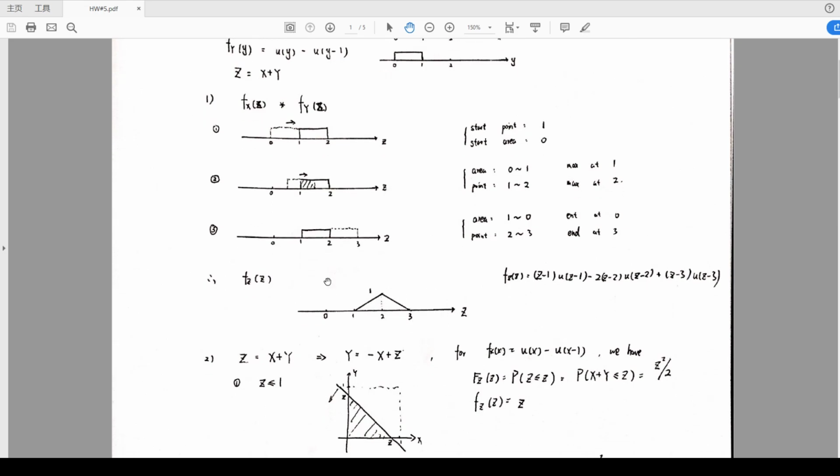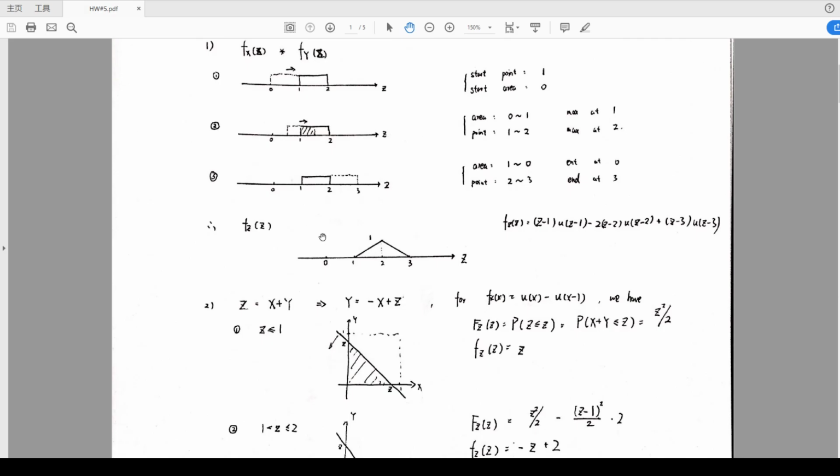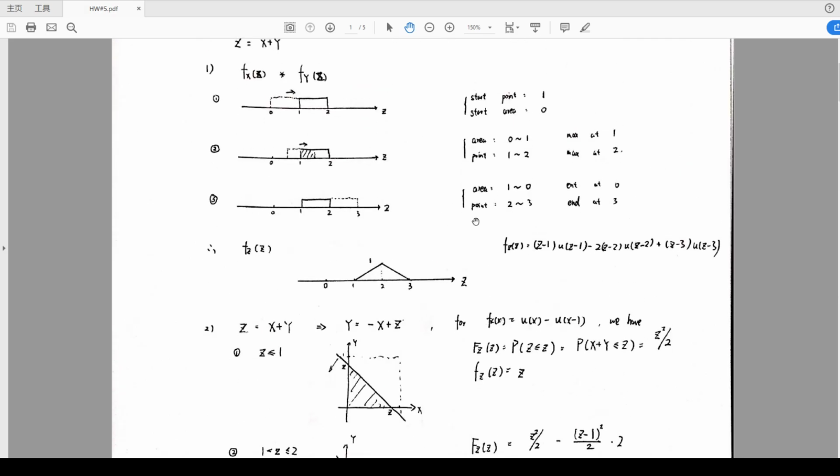So from the picture, you can see that f_Z is equal to (z minus 1) times unit step (z minus 1), minus 2 times (z minus 2) times unit step (z minus 2), plus (z minus 3) times the unit step (z minus 3). And that's question 1.